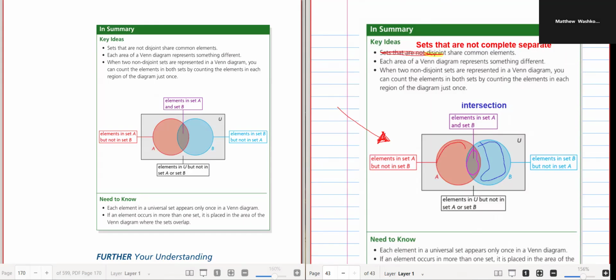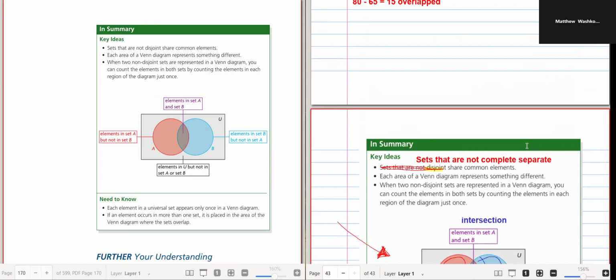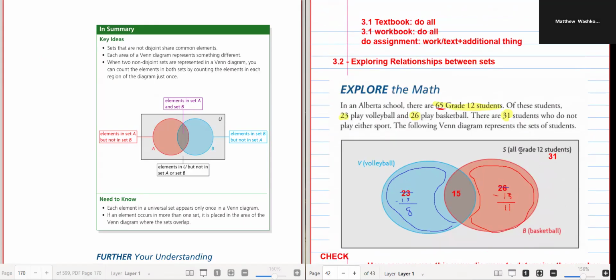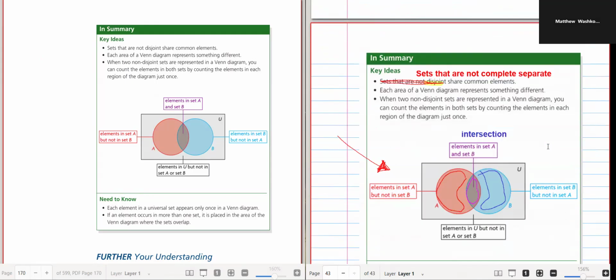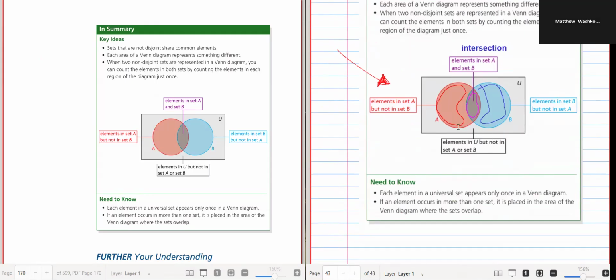Same thing over here. You only play basketball. And then elements that are in U, so they're part of this, but they're not in set A or B, they play no sports. So you see that little U there. Just like up here, here's all of our grade 12 students. This is the entire data set. So they're just presumed to be in here.